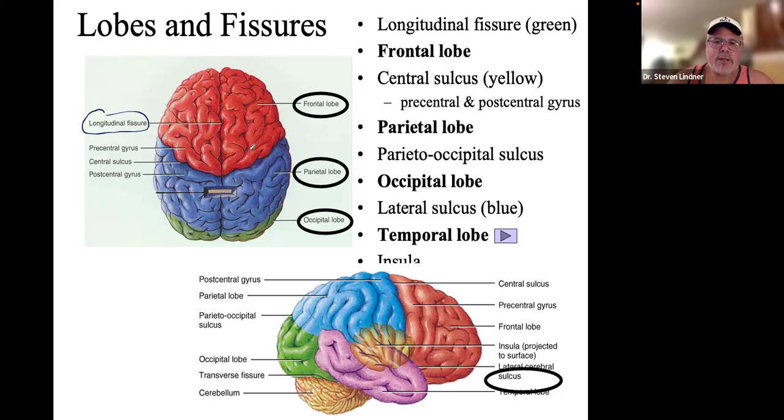Going across left to right, there's a sulcus called the central sulcus. And that central sulcus is important because it separates the precentral from the postcentral gyrus. The precentral gyrus is your primary motor area, and your postcentral gyrus is your primary sensory area.